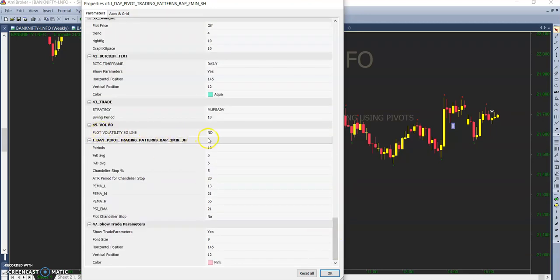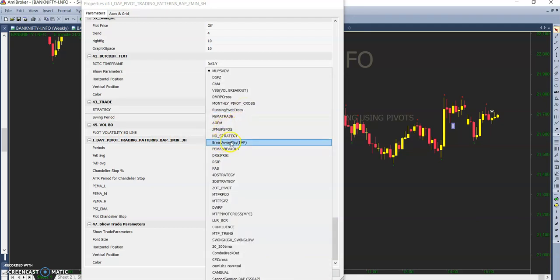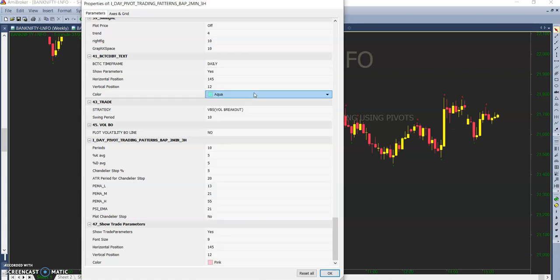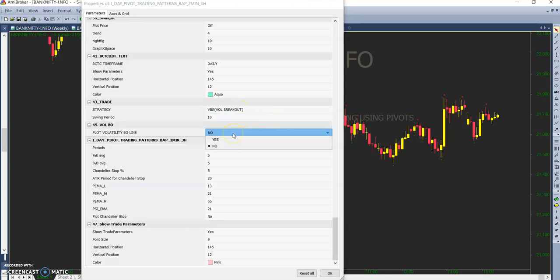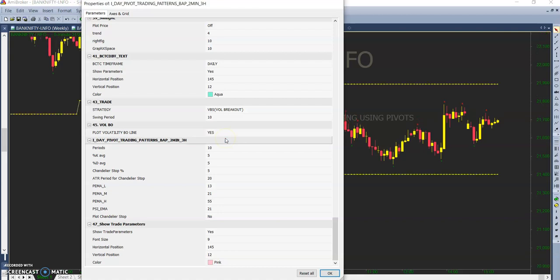The next one is volatility breakout. If you want to plot the volatility breakout, one of the strategies is the volatility breakout strategy. If you see this strategy, the fourth strategy is volatility breakout. If you want to plot the actual breakout line, it plots this breakout line.